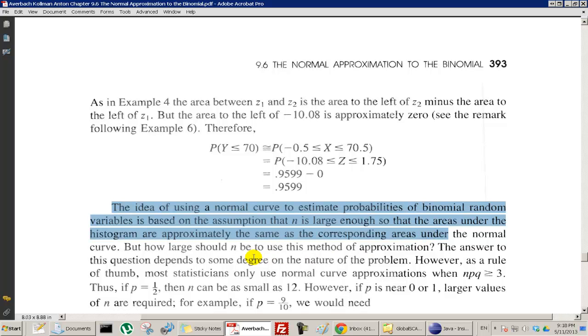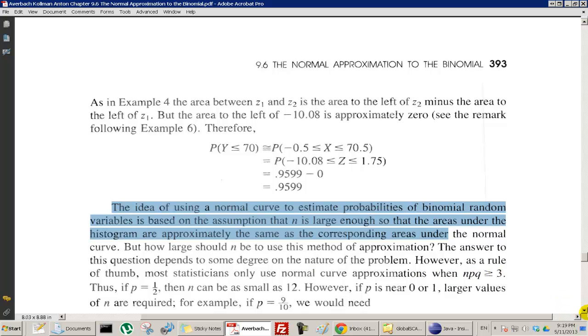But how large should n be to use this method of approximation? The answer depends to some degree on the nature of the problem. However, as a rule of thumb, most statisticians only use normal curve approximations when npq is greater than 3.